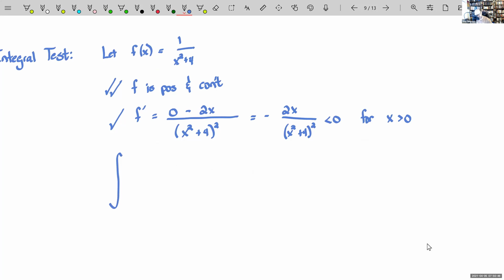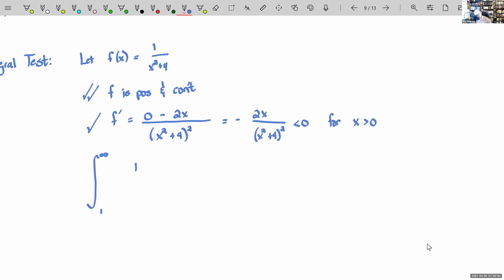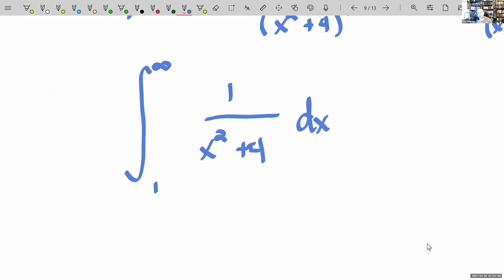The integral from 1 to infinity, since that's what our summation was, we might as well just go ahead and do that, of 1 over x squared plus 4 dx. Now, a lot of you may memorize how this will result. I don't. Actually, let's see if we can do a comparison test. Remember, there's a lot of things you can do to showcase an improper integral converges or diverges.